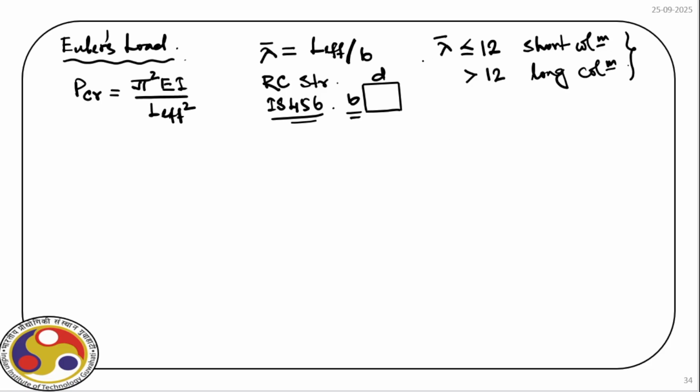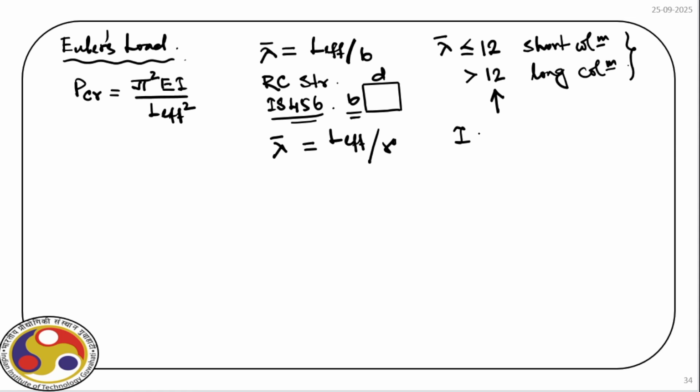Now these limits vary. So the value 12 you can see on your screen, it varies from one material to another material. Not only that, a better way to define slenderness ratio is L effective divided by R. R is the radius of gyration.